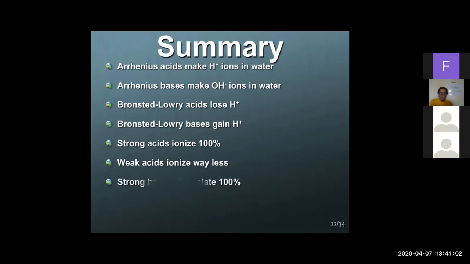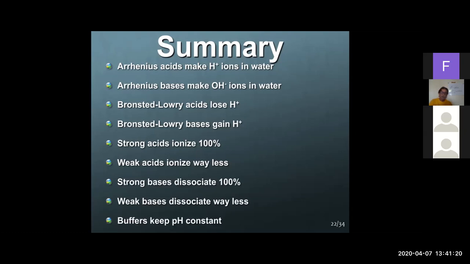With respect to bases, strong bases dissociate 100%, just like the strong acids. And the weak ones, just like the weak acids, dissociate much less. So buffers, all they do, it's a mixture of an acid and a base combination that maintains a pH constant to whatever pH you set that up for.